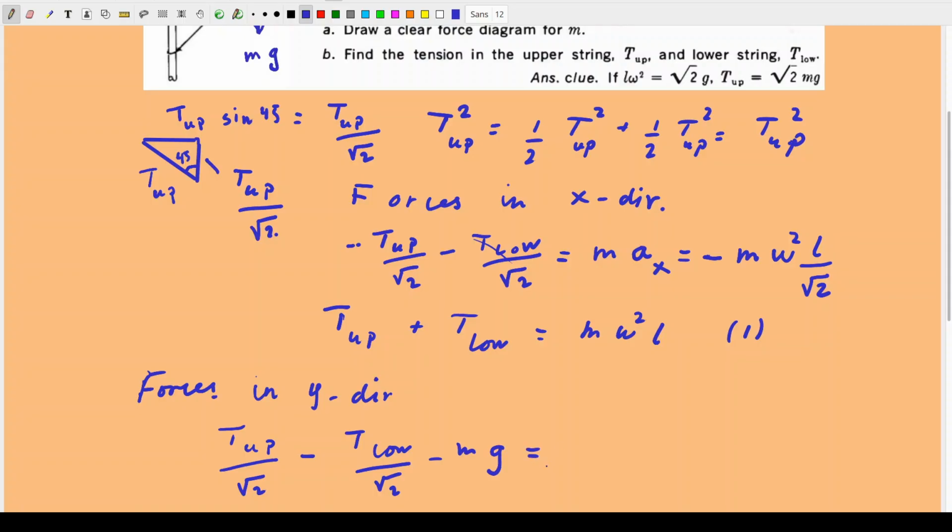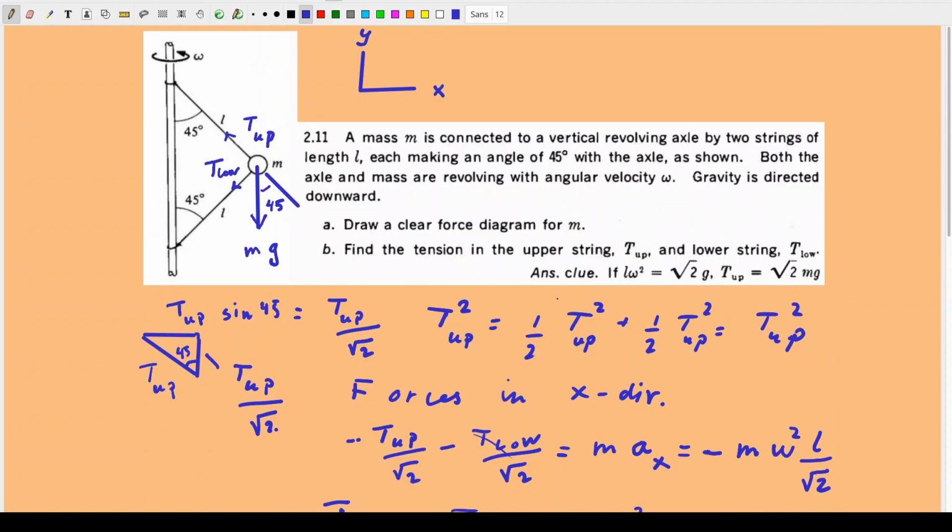According to Newton's law, the sum of the forces should equal m multiplied with the acceleration in the y direction, m a_y. But the particle is never moving in the y direction here. It's revolving in a plane orthogonal to the y direction. So there is no movement ever in the y direction and no velocity in the y direction. So the acceleration in that direction is 0.